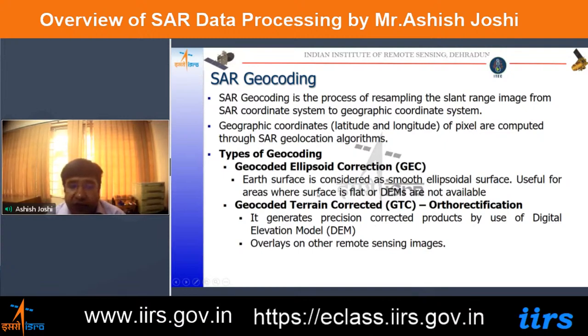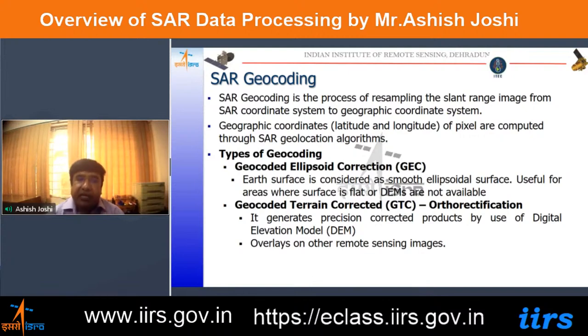But for correcting the geometry using a single average height, that is called the geocoded ellipsoid correction. In this correction, we assume the average height of the terrain, and then we can do the correction. But in the geocoded terrain correction, we have to use the DEM to correct the data.